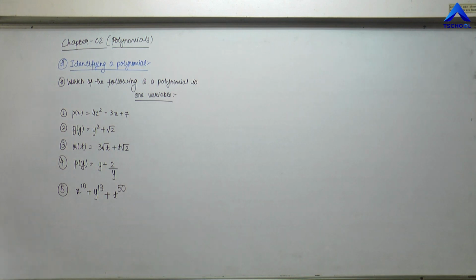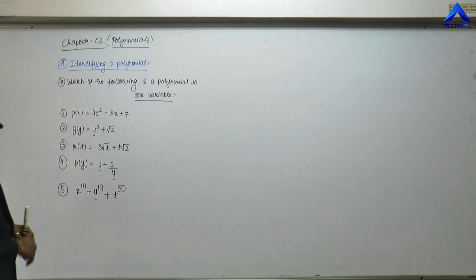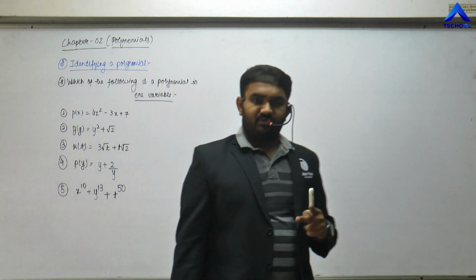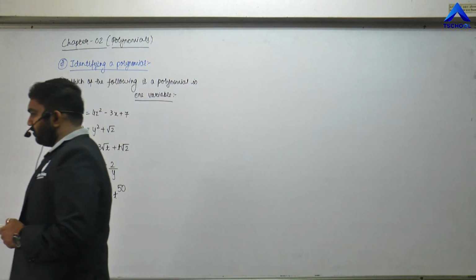You can get many more of the same kind from the textbook, from the exemplar, or from any of the sources available to you. Okay, so which of the following is a polynomial in one variable? The first one, is it a polynomial in one variable? What we are going to look at first of all is whether the degree of the given polynomial is a whole number or not.